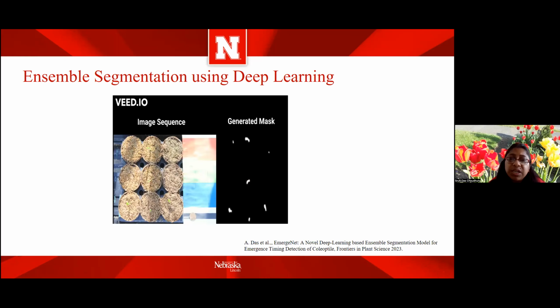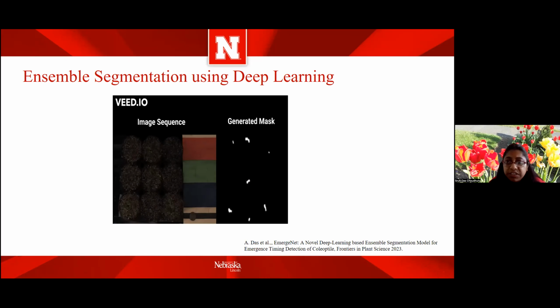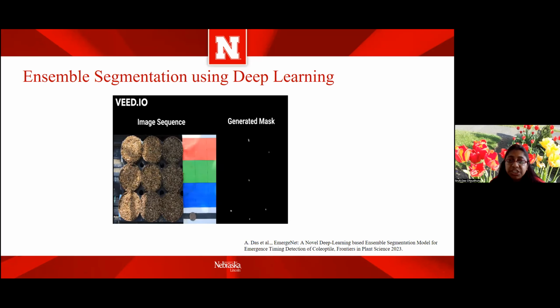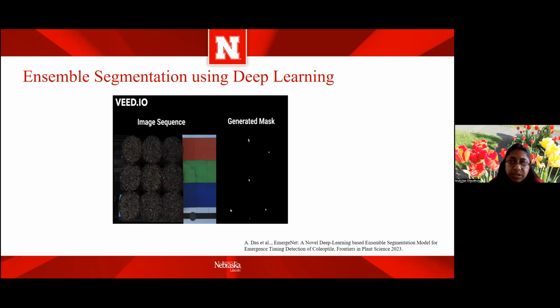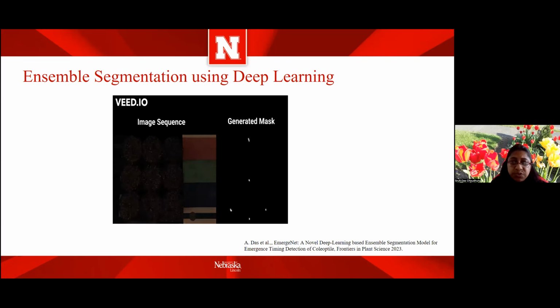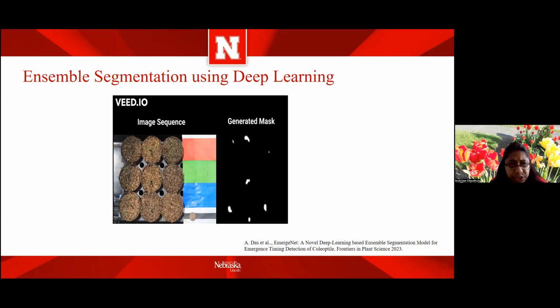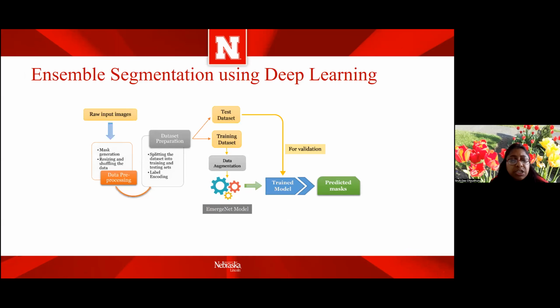So in this particularly challenging situation, we often use deep neural networks. And here we have used an ensemble segmentation learning model. That means not a particular neural network, but an ensemble of several neural networks that we have used for this germination detection. Our publication in Frontiers will have a detailed explanation, but I'd like to introduce the technique briefly. That is the ensemble segmentation model. We have raw input images and we have the datasets, training and testing.